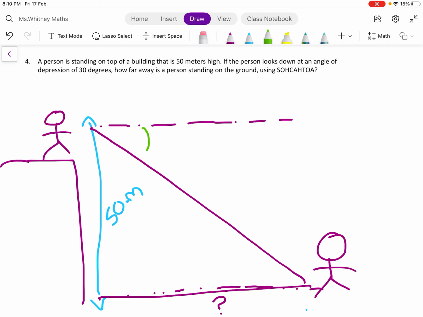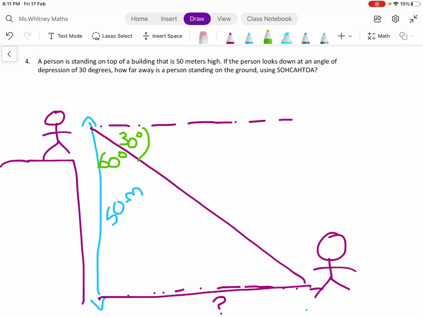So this angle here is 30 degrees. Now, there's a couple of methods you can do this. You can use alternate angles and instantly know that this one here is 30. You might not have done that at the moment, so we can also use the fact that this here is 90, and that automatically means that this angle within here is 60 degrees.